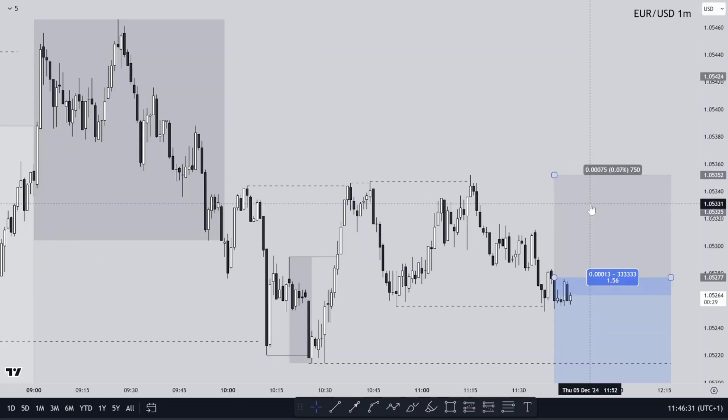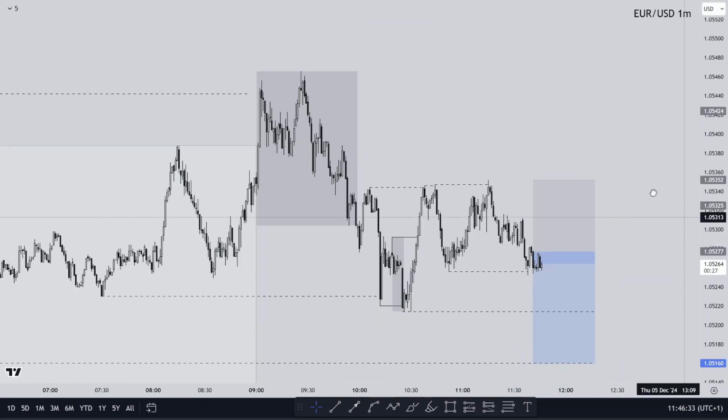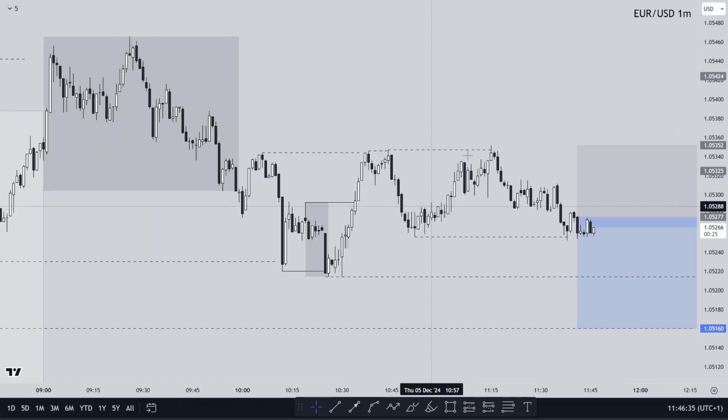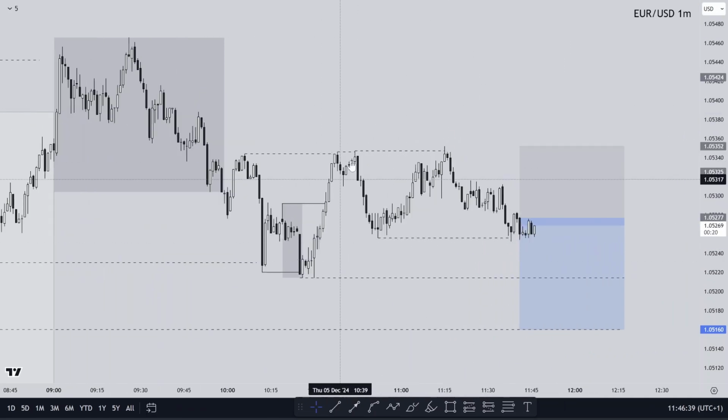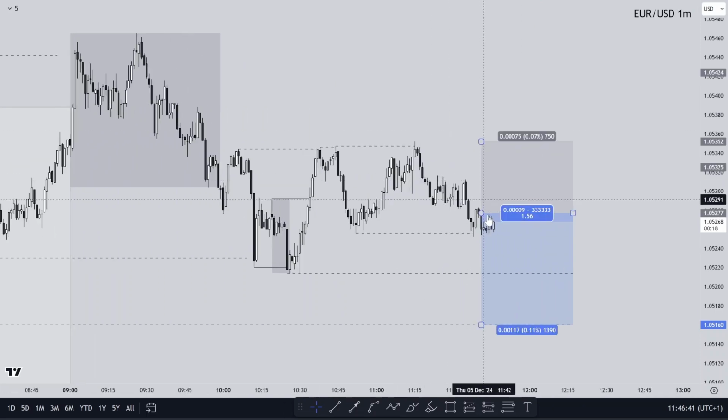By the way, since price didn't show strength, really willing to go up, I think it will go down.